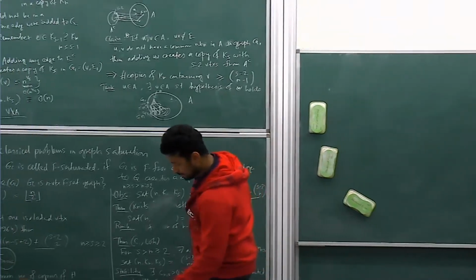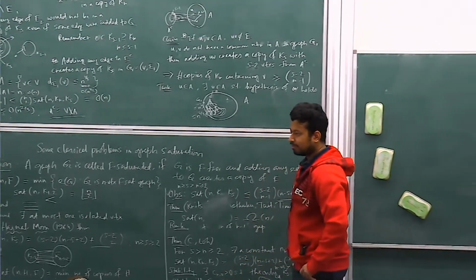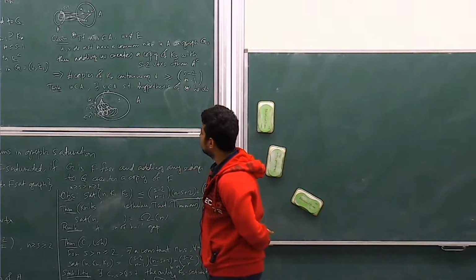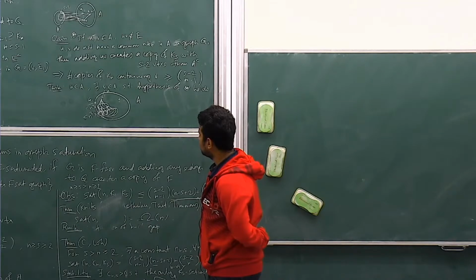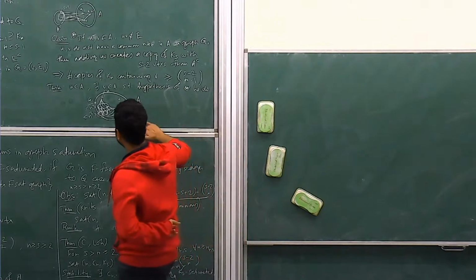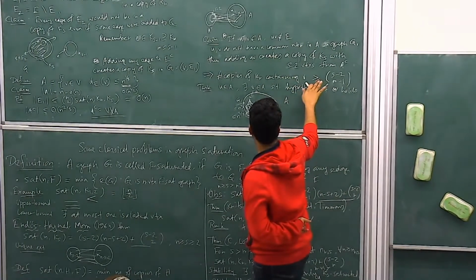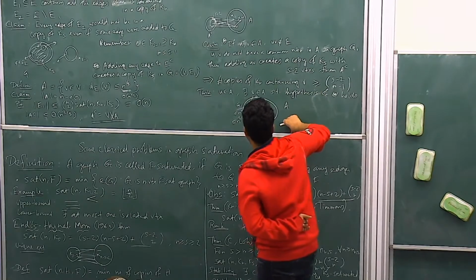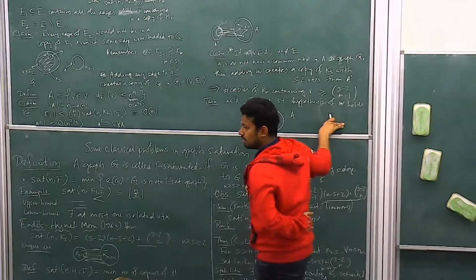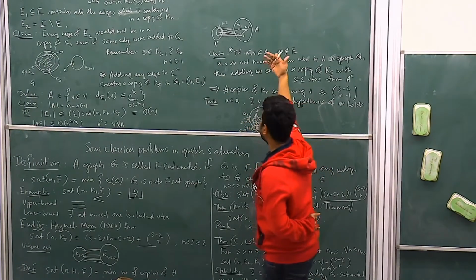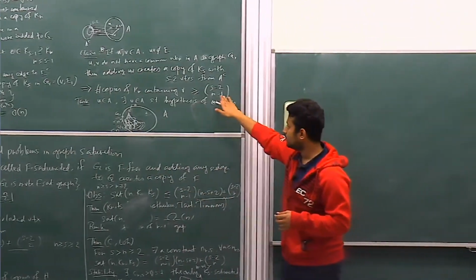When you say number of copies of KR, do you delete it and apply induction? I'm not doing any induction here. What I'm saying is the number of copies of KR containing V is this. Is your question how am I completing the argument? I'm just adding up all the copies of KRs counted this way.